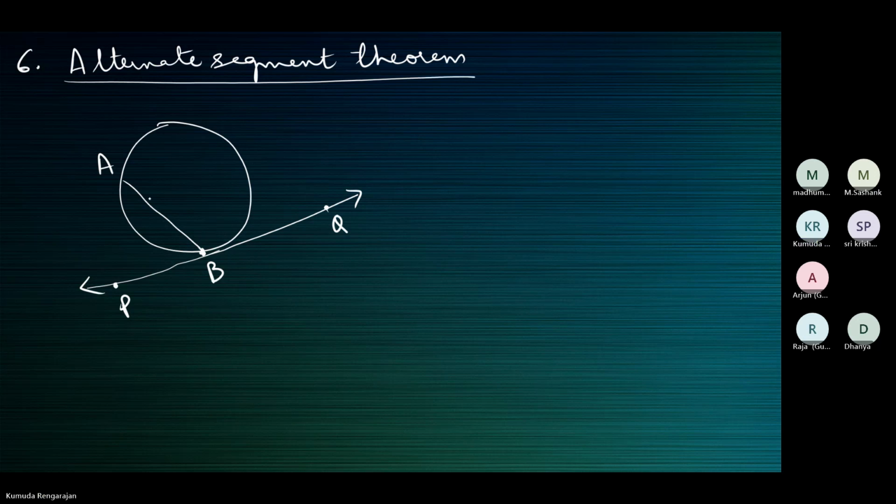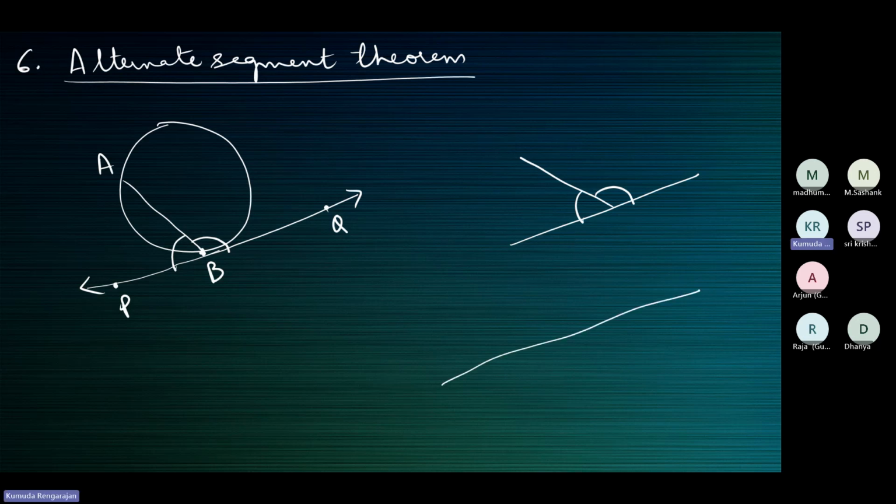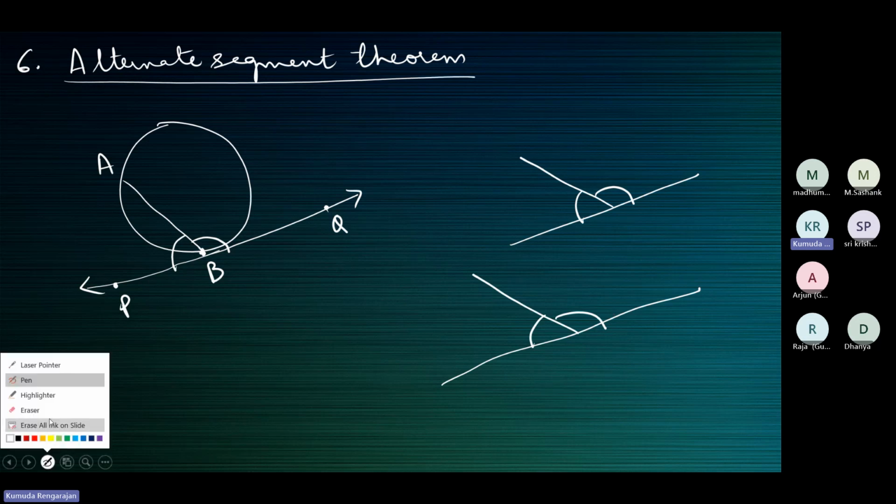Now, with respect to the chord and the tangent, you can see two angles, one here and one here. Treating the tangent as a line and the chord as the ray, you can see two angles on either side of the chord.